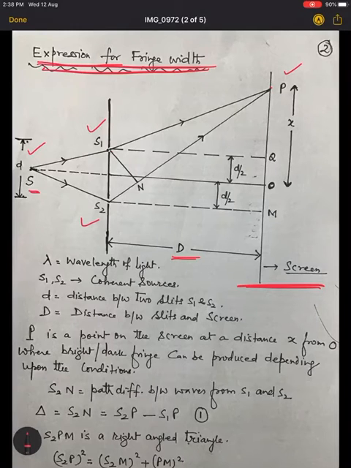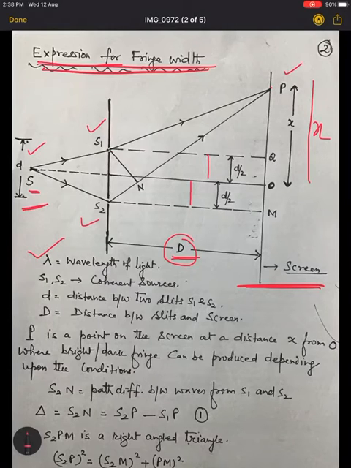Small d is the distance between the two slits S1 and S2. As O is the middle point, if we draw lines S1Q and S2M, then this distance is d by 2, and this distance is d by 2. O to P is x, and screen to slit is D. Lambda is the wavelength of light.